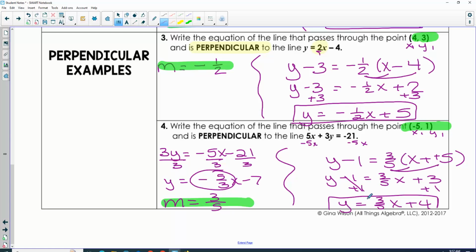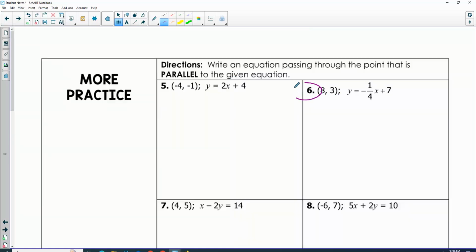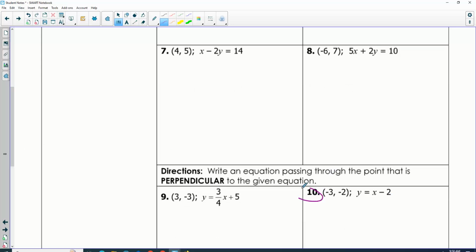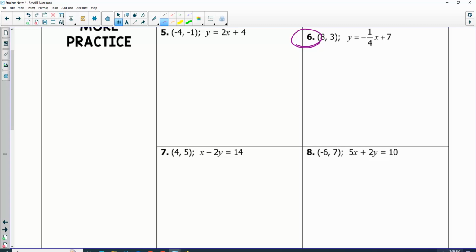Alright, I want you guys to try problems 6 and 10. Everybody try this. What's the slope of this line? Negative 1/4. This is my x1, y1.